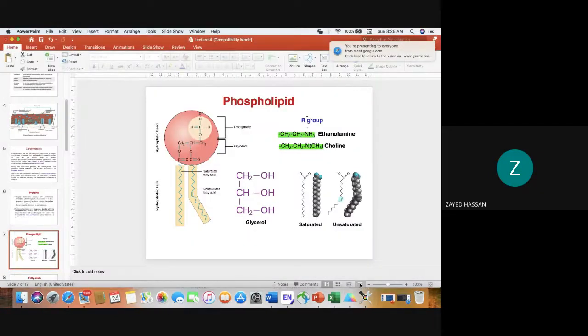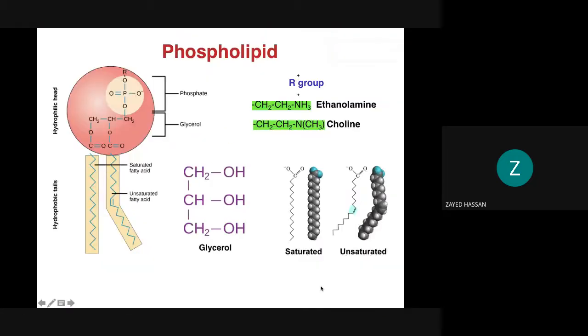Sir, are they bent because of the double bond present? Yes, they bend because of this double bond. So here we may have either two saturated fatty acids, or two unsaturated fatty acids, or one saturated and one unsaturated fatty acid. Is it clear? Yes, sir.